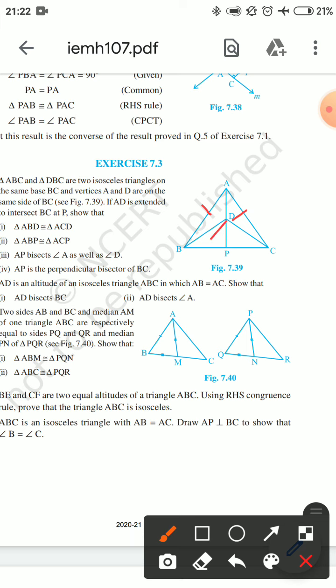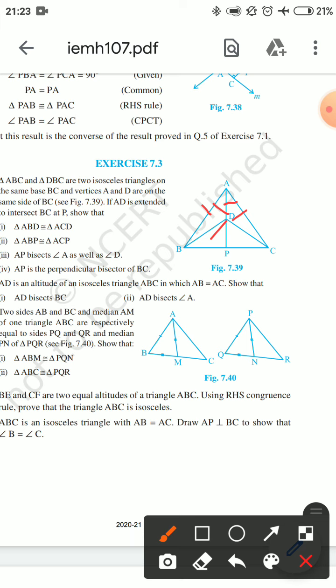Because triangle ABD is congruent to triangle ACD, by CPCT we can say that angle PAD is equal to angle CAD. So clearly these triangles ABP and ACP are congruent by side angle side congruency criteria.